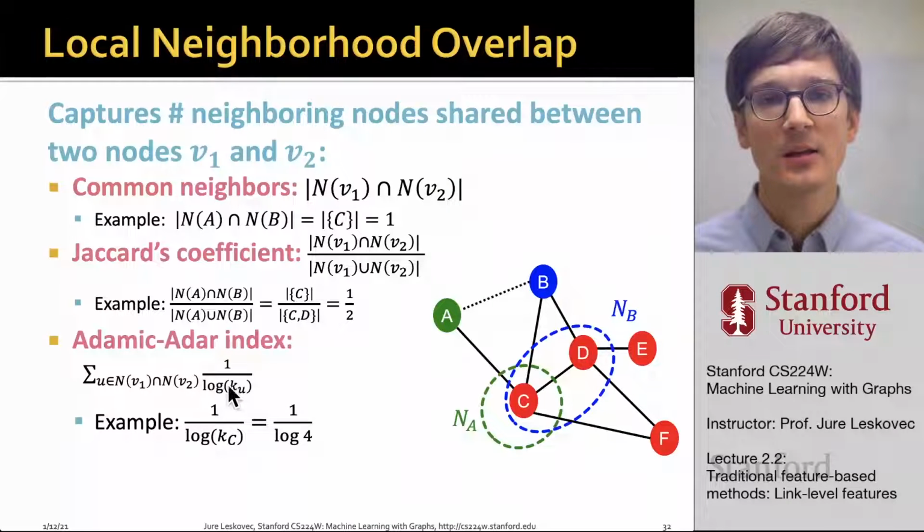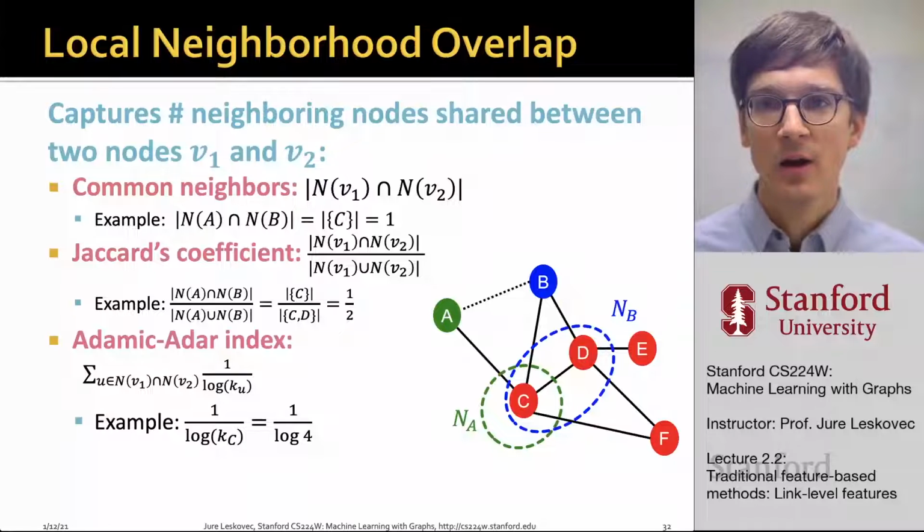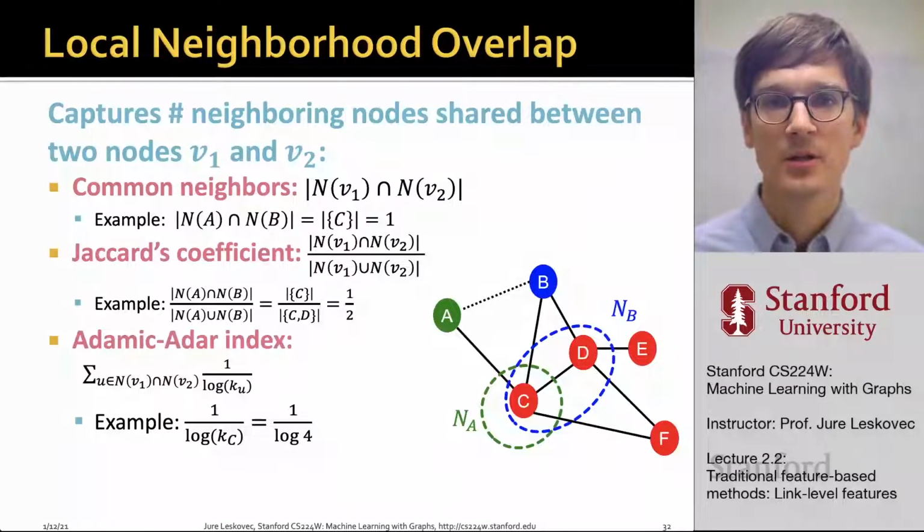So we count how many neighbors two nodes have in common, but the importance of a given neighbor decreases with its degree. Having a lot of common neighbors with low degree is better than having a lot of highly connected celebrities as common neighbors. This is a feature that works really well in social networks.